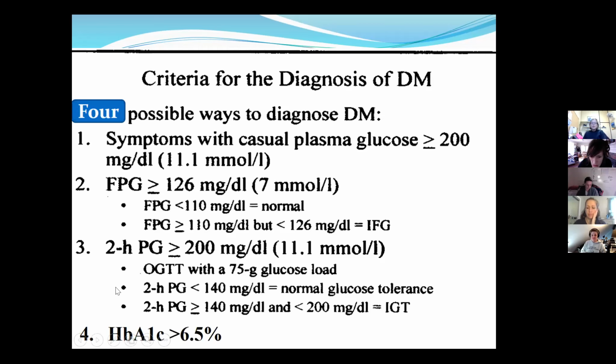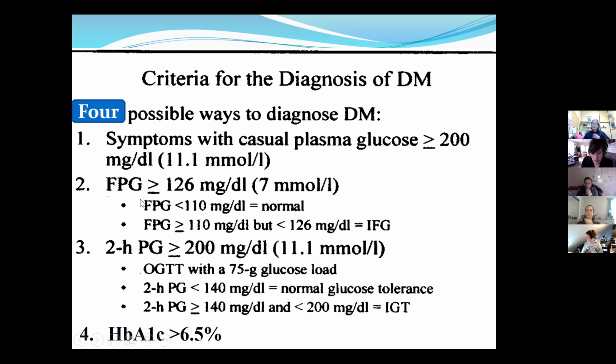And it's a different test than the fasting plasma glucose in that it's looking at how well your body is dealing with a glucose load. What happens to your blood sugar when you eat?